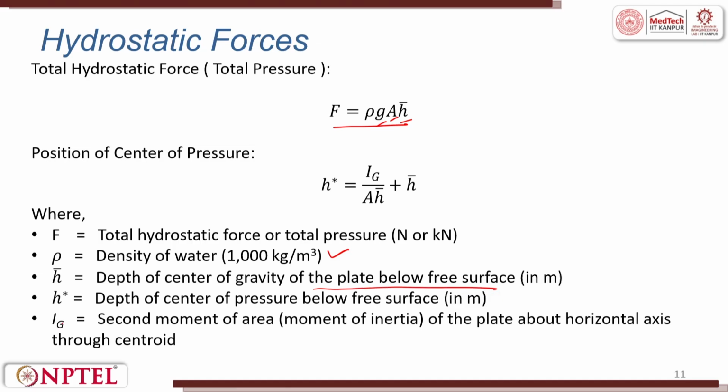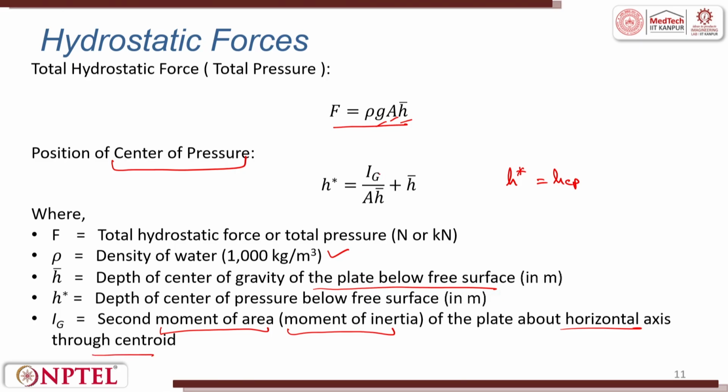Here H star, that is point of center of pressure, it is known as H star, or some notations will call it as HCP. CP means center of pressure. That is equal to Ig by A H bar plus H bar. That means Ig is second moment of area, that is moment of inertia of the plate about the horizontal axis through centroid.